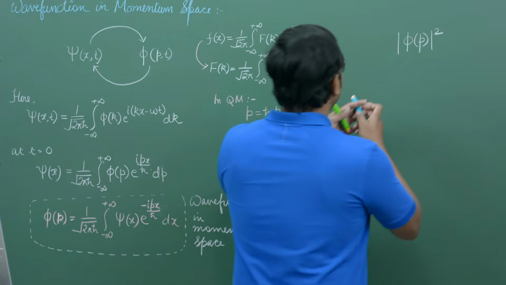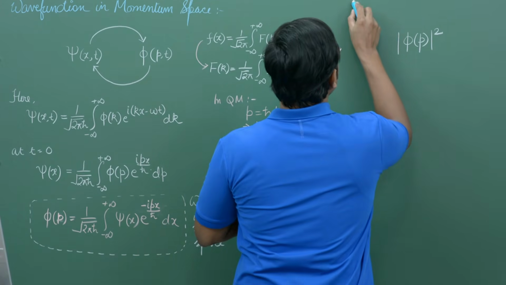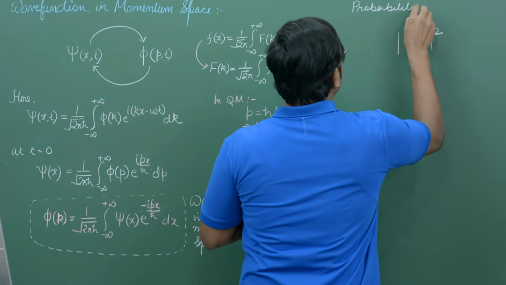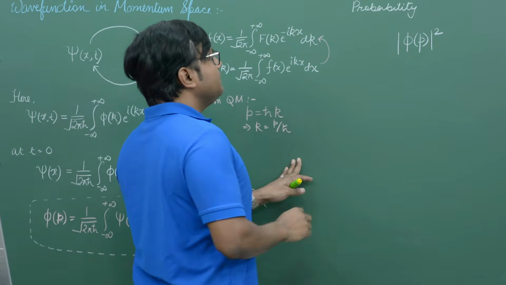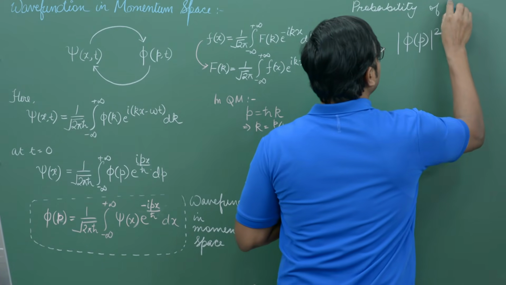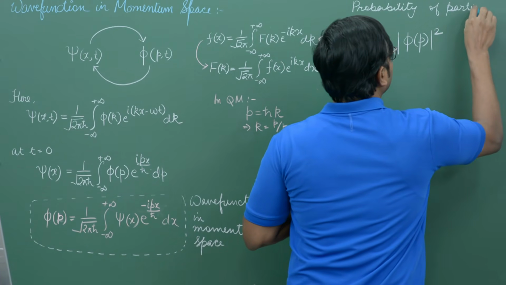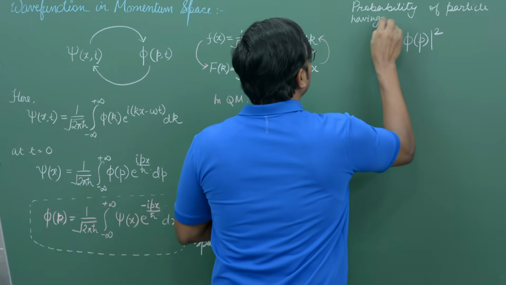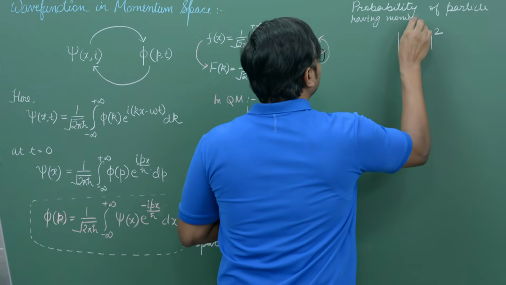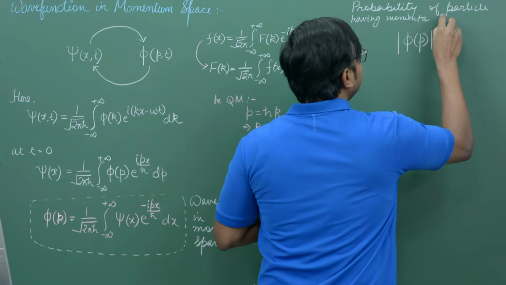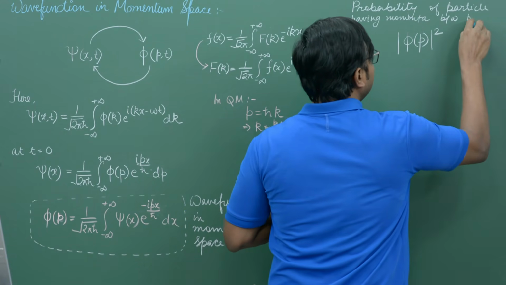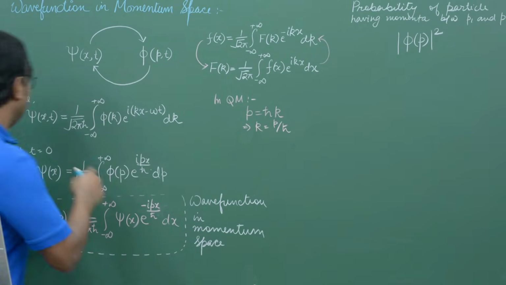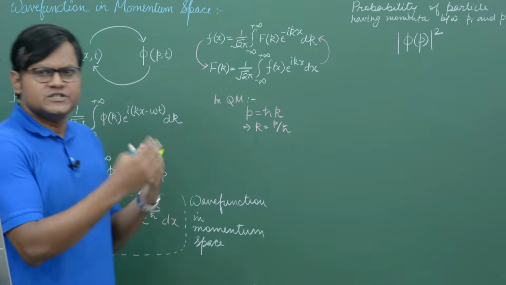So for example, if I want to find out what is the probability that the particle having momentum between, let's suppose, two values p1 and p2. With respect to the wave function in position space, what questions we used to ask?